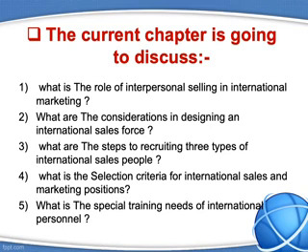Point number three, what are the steps to recruiting three types of international salespeople? Point number four, what is the selection criteria for international sales and marketing positions? And finally, what are the special training needs of international personnel?